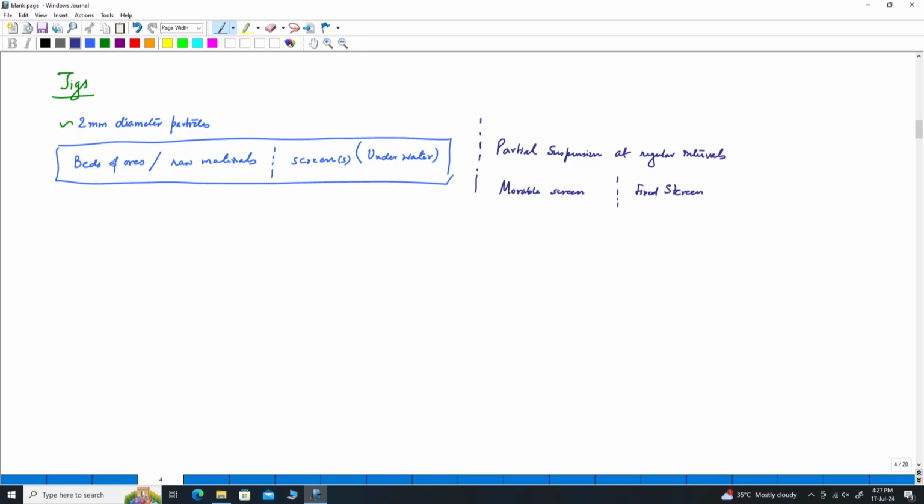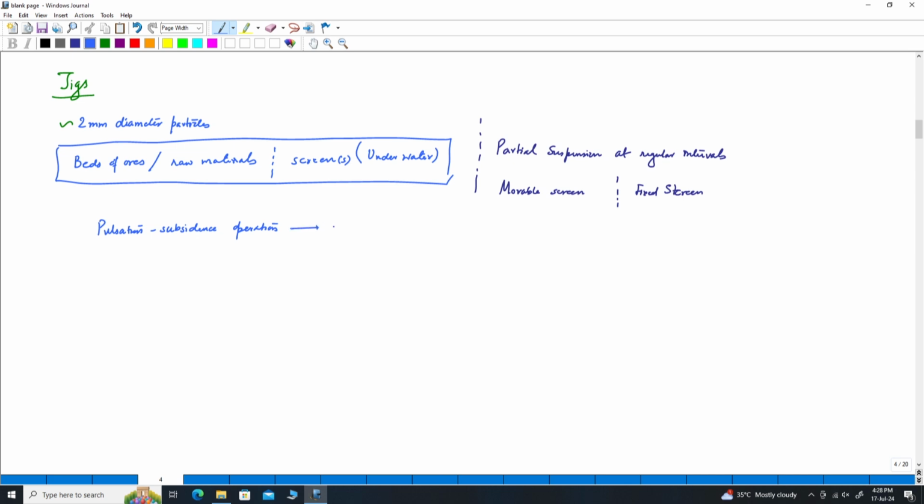And the pulsation, how really do we describe this? Pulsation and subsidence. This pulsation and subsidence operation is done for separation.